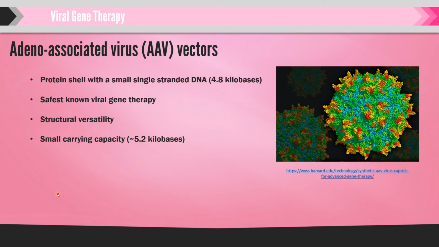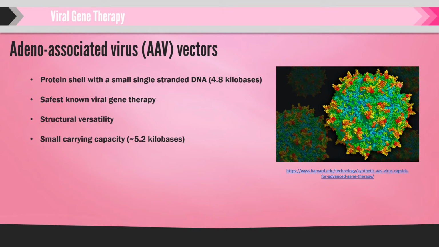The main viral gene therapy we're going to hone in on are adeno-associated viruses, or AAV vectors, right? So here's a nice little picture of one. This is going to be a protein shell with a small single-stranded DNA, usually about 4.8 kilobases, and it's a heavily looked at variant of gene therapy because it is known to be the safest version of gene therapy, and it's actually a very versatile method.